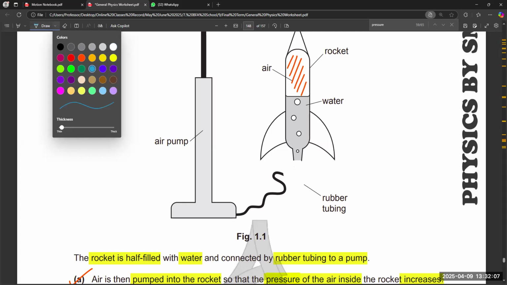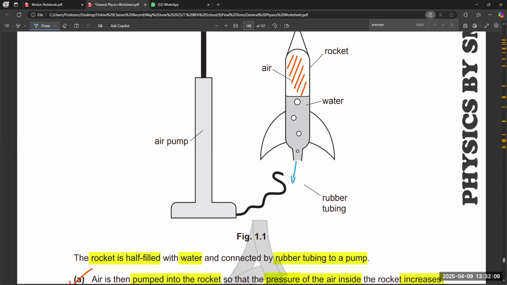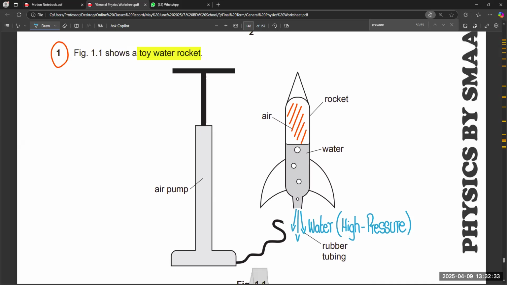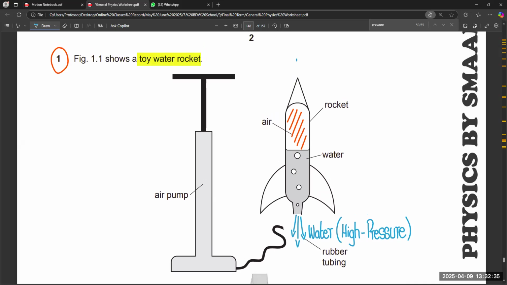So water starts to come out from this rocket with high pressure. The water particles are coming out with high pressure. And the question is, in terms of momentum, how does it help to accelerate this rocket in the upward direction.